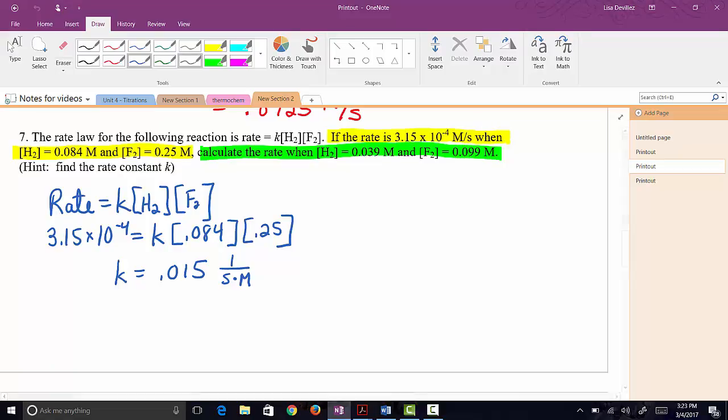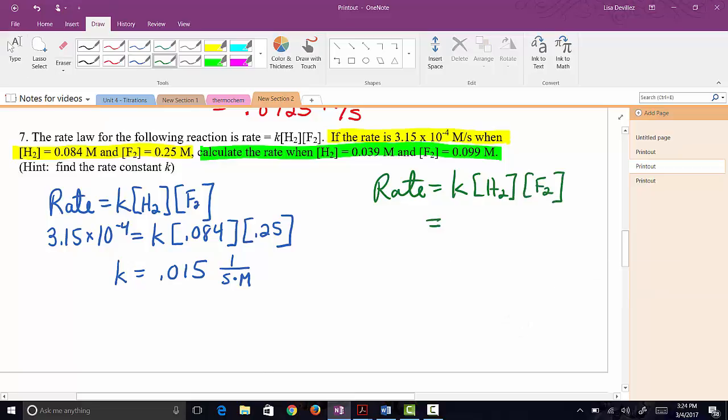All right, so now I've got my k. So now we're going to do this again. Rate equals k [H2][F2]. And we're solving for the rate now, because now I know my k value. It says now the hydrogen is 0.039 and the fluorine is 0.099.